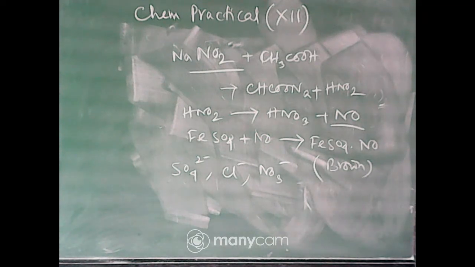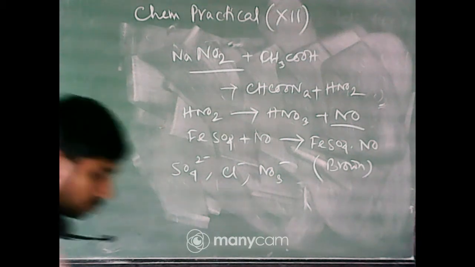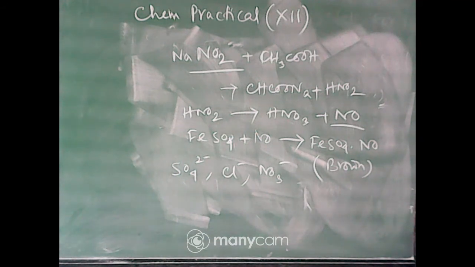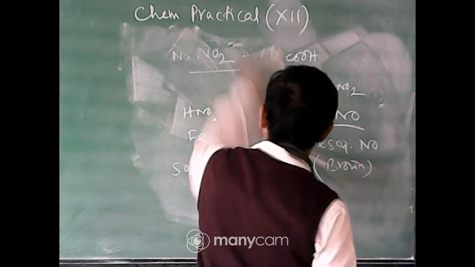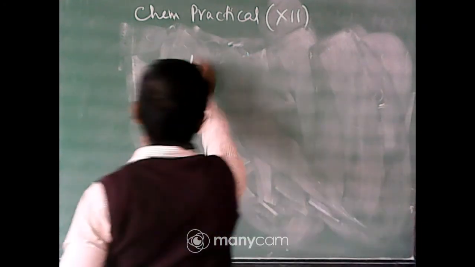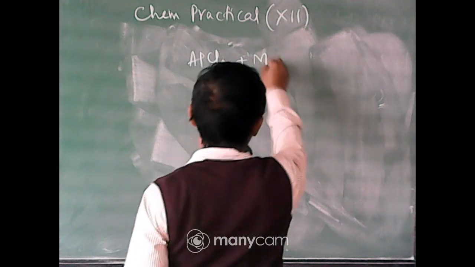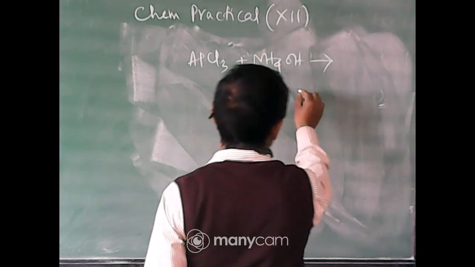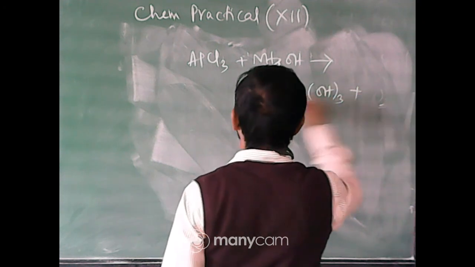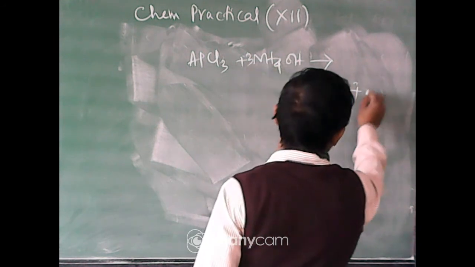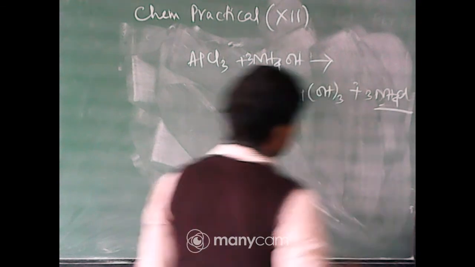Suppose aluminium chloride is taken as a sample, then NH4OH is added, and it will produce Al(OH)3 plus 3 NH4Cl. This is of white color.